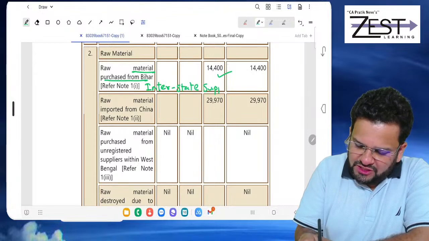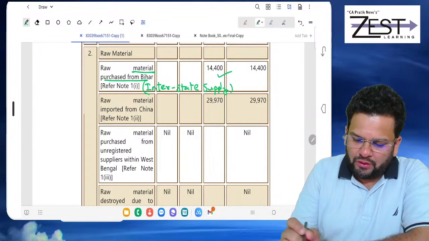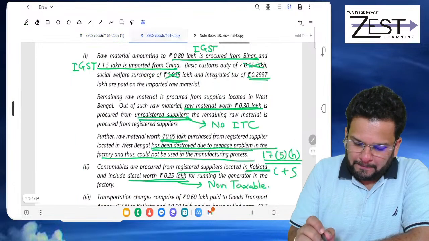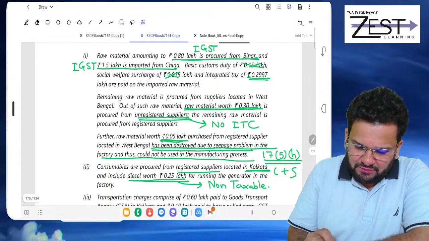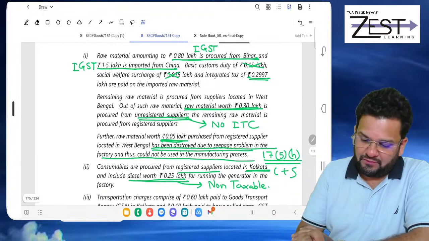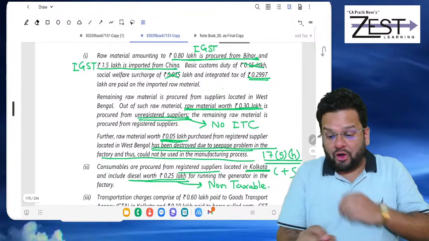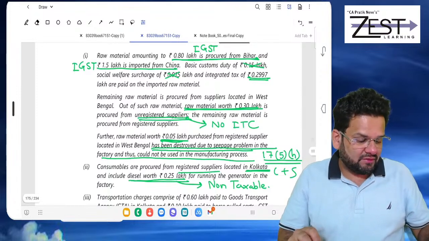If any doubt, immediately ask Ashima. Then going ahead, you are having basic custom duty. You cannot take ITC. I am talking about whatever you have purchased from China. On that IGST is 0.2997 lakhs.